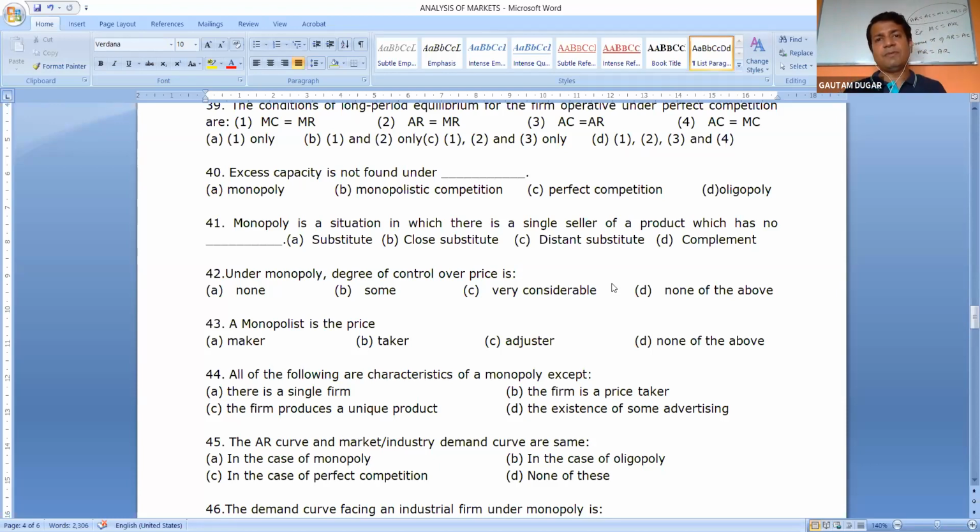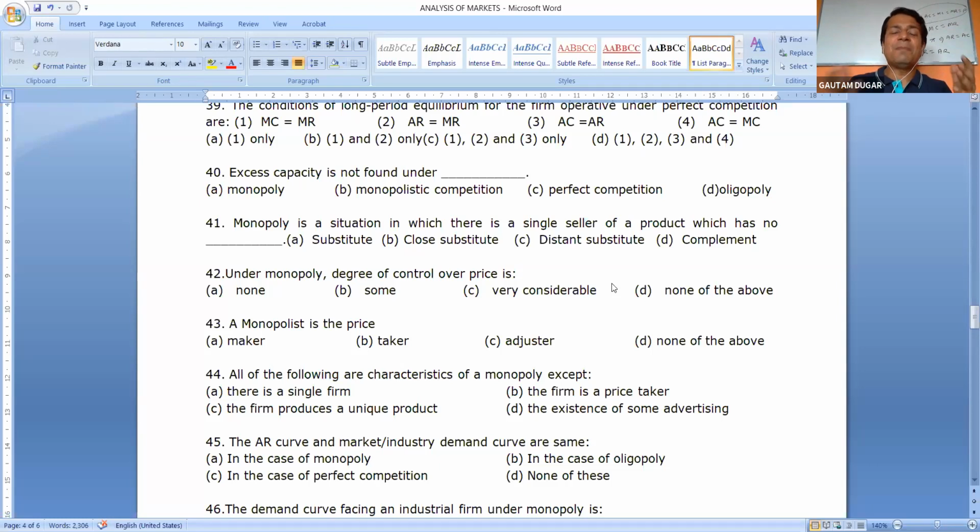Suppose you need to travel to Jammu and Kashmir from Tamil Nadu. One option is you go by railways. The other two options are either inferior or superior. You go by roadways, it'll take a long time. Though you may enjoy the ride, that's a separate issue if you like driving.